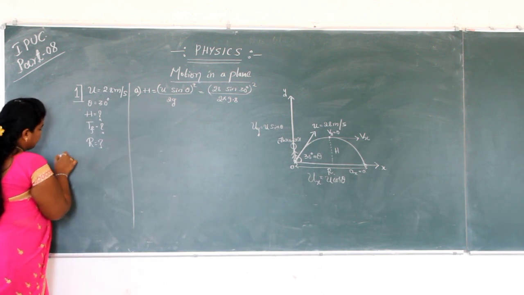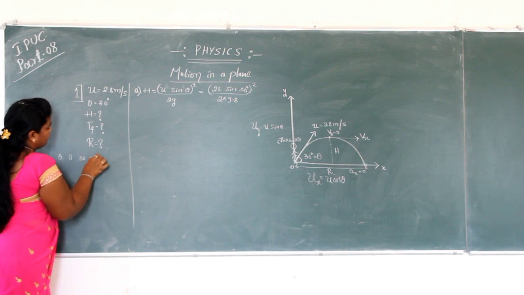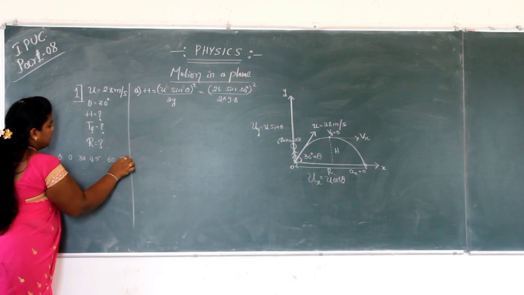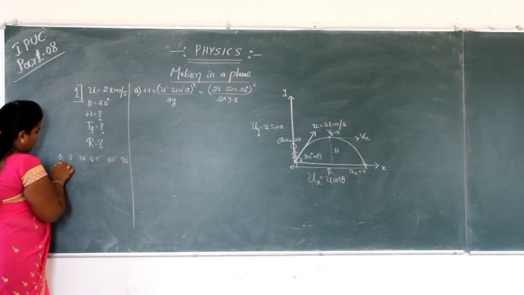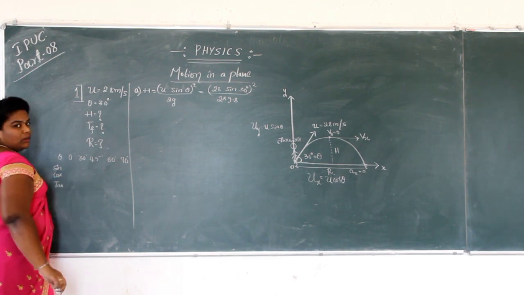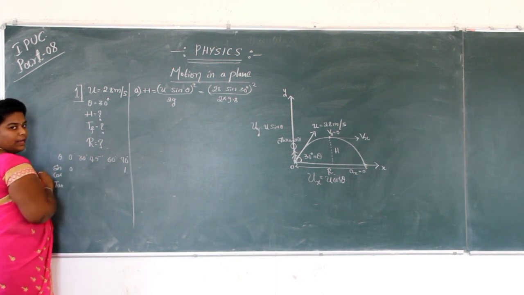You learned this in 10th, theta 0, 30, 45, 60 and 90 degree. So what are those? We need sin, as well as cos, and also tan. Sin starts from 0 and ends at 1.